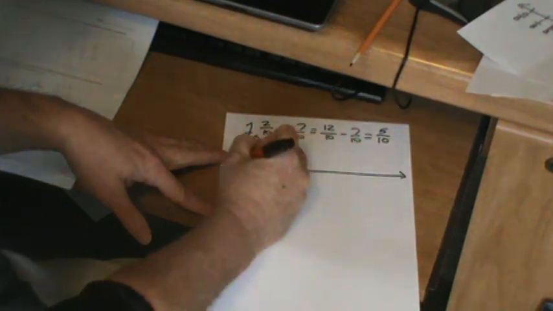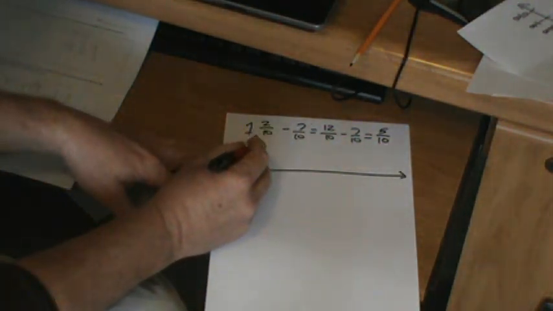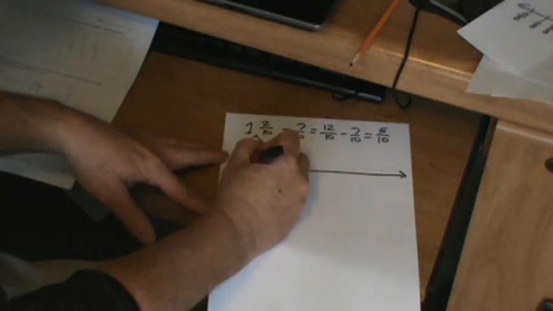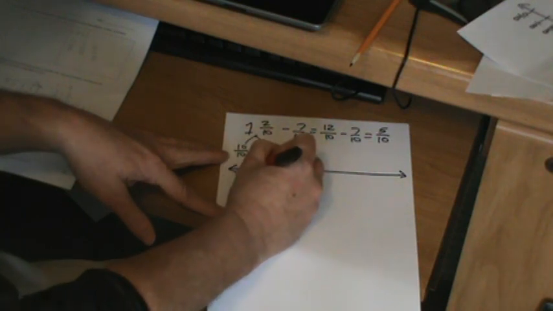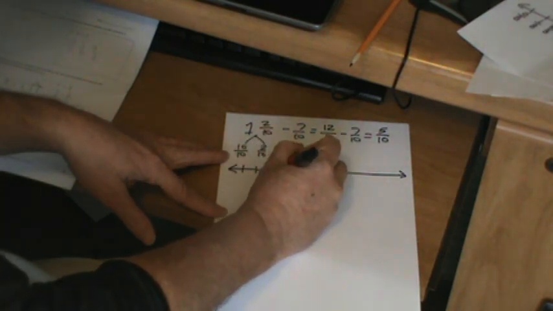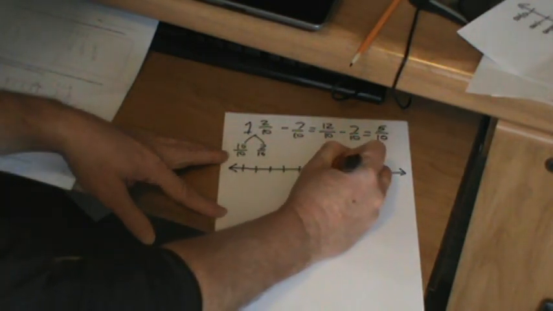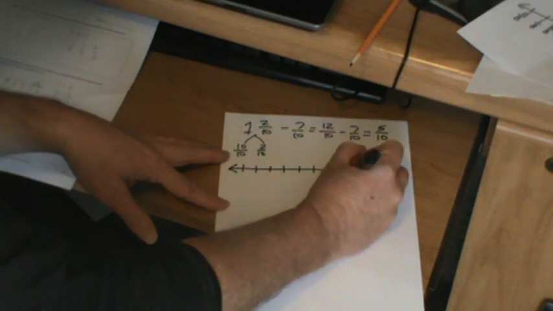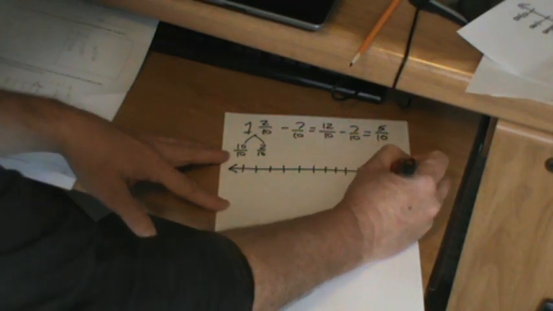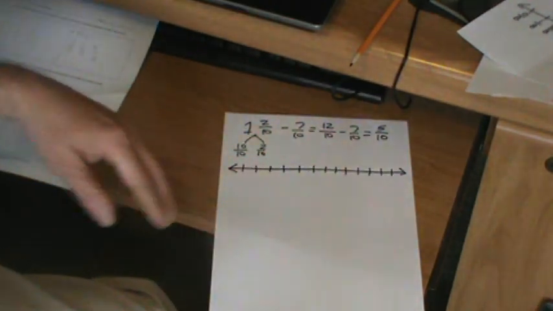This number line is going to be a little bit longer. We have to make 12/10, right? So 0/10, 1/10, 2/10, 3/10, 4/10, 5/10, 6/10, 7/10, 8/10, 9/10, 10/10, 11/10, and 12/10. Okay?